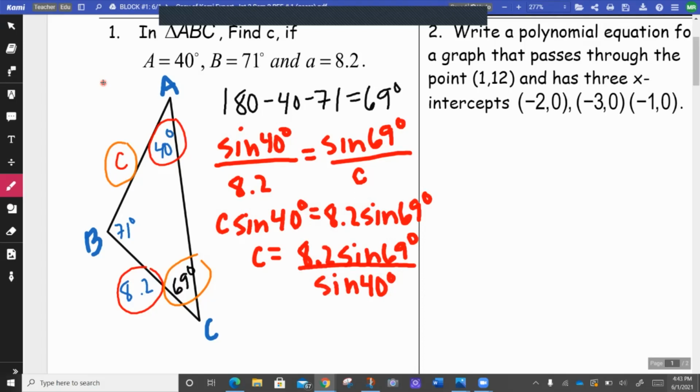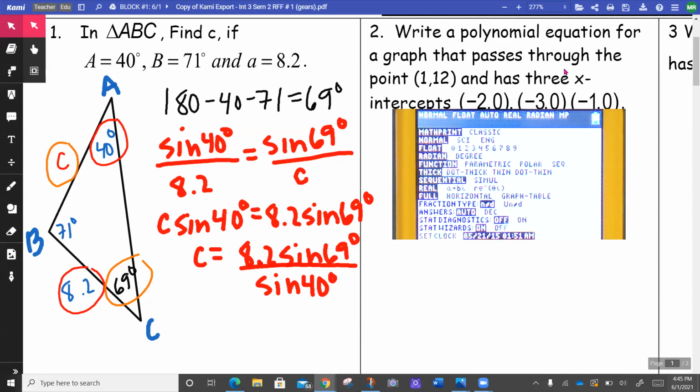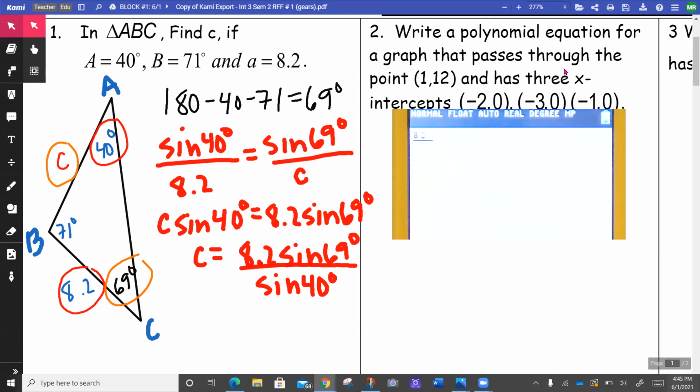Okay. So changing this to degrees. And then I'm going to do alpha y equal to get my fraction. I'm going to put it in fraction. 8.2. Zoom in a little bit more.